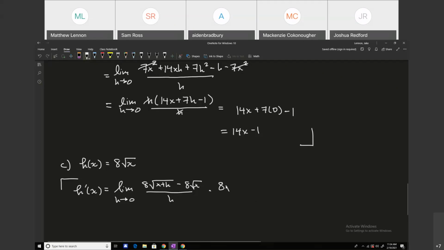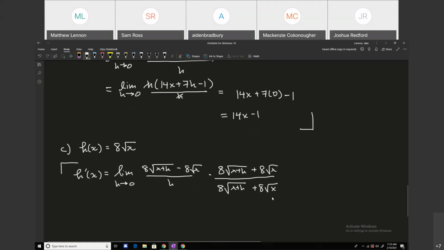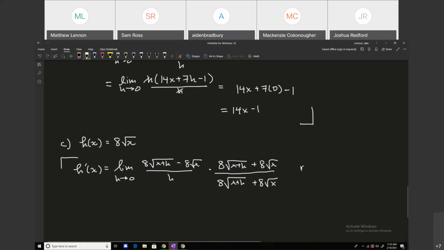So 8 square root x plus h plus 8 square root x, over 8 square root x plus h plus 8 square root x. So remember on the top, let's just put a and b in there.